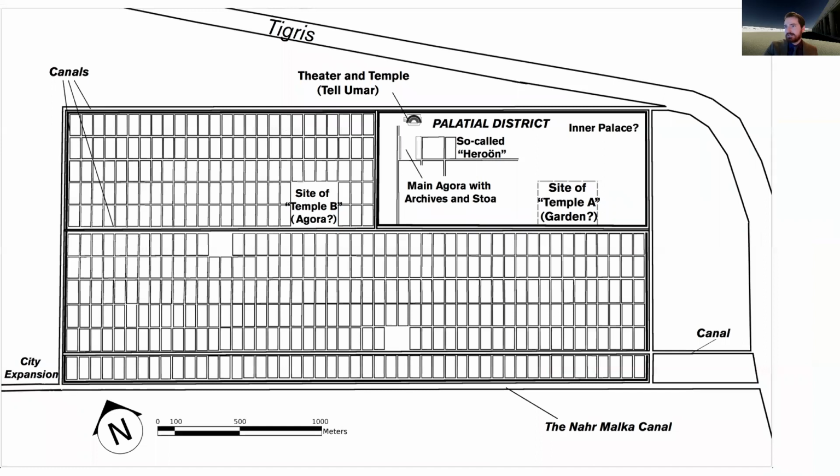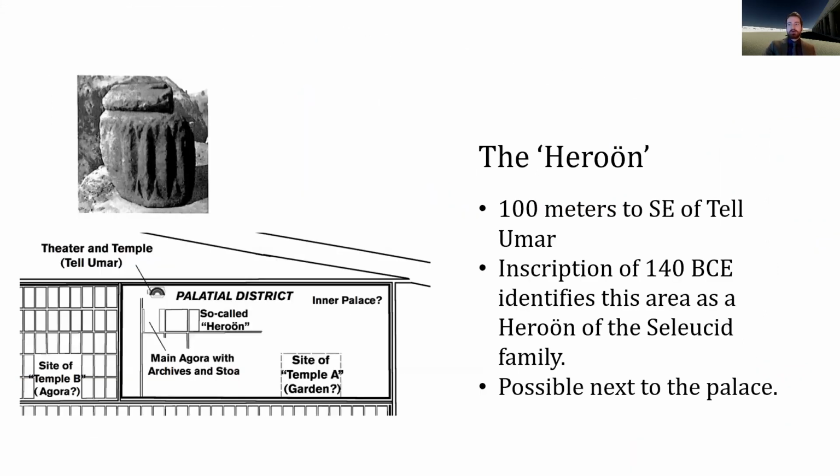So here is just a site plan for you to study and memorize. Now, located within the palatial district is this so-called Heroon, which is about 100 meters southeast of the theater. And an inscription of 140 identifies it as a sacred site to the Seleukid family. So the cult of the Seleukid family, as I discussed at the start of this lecture.